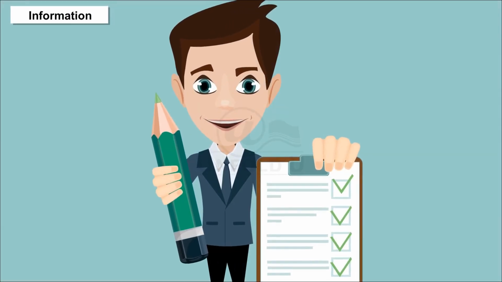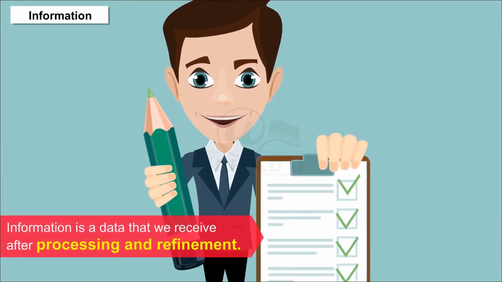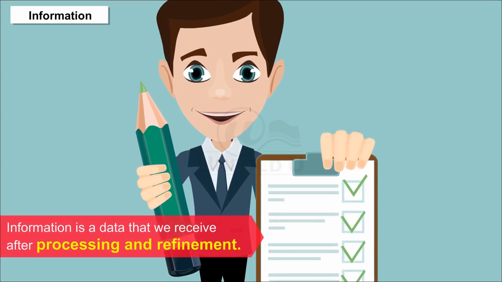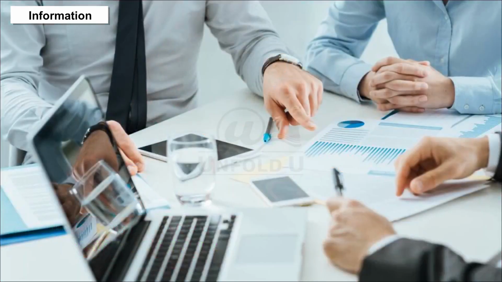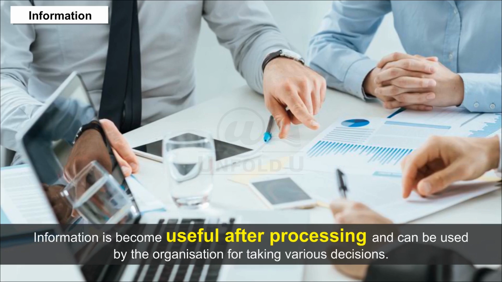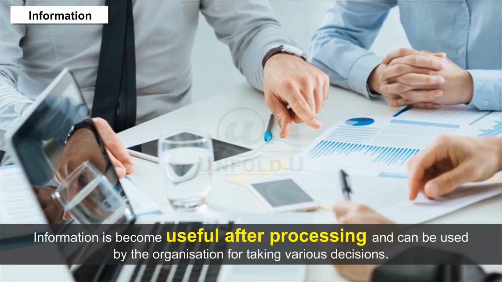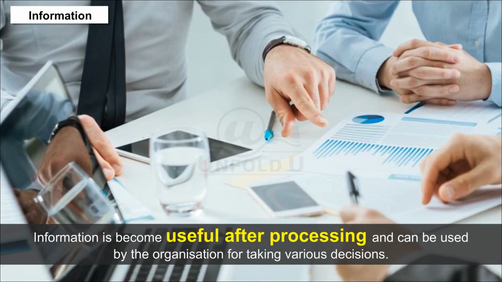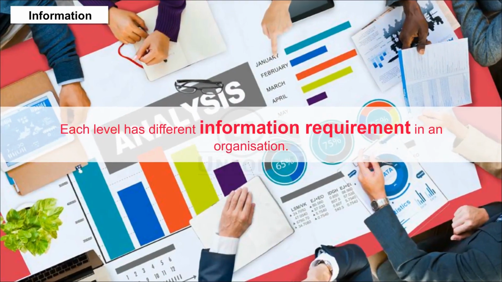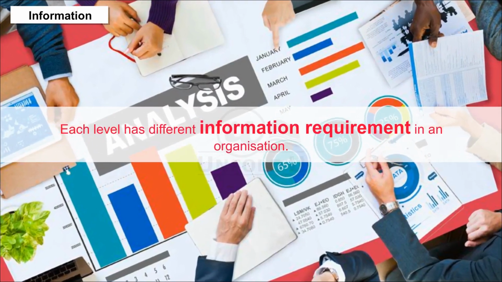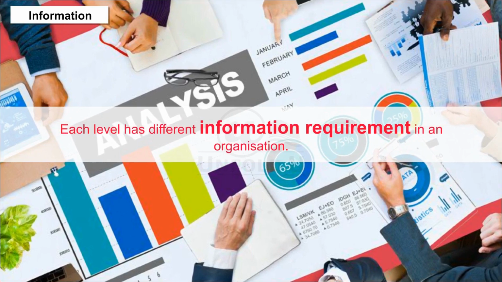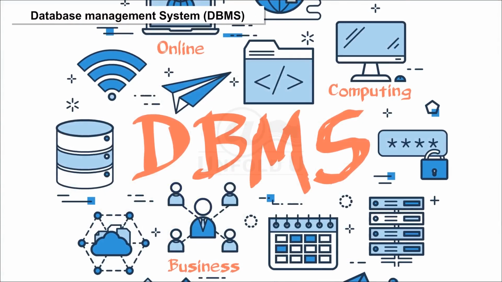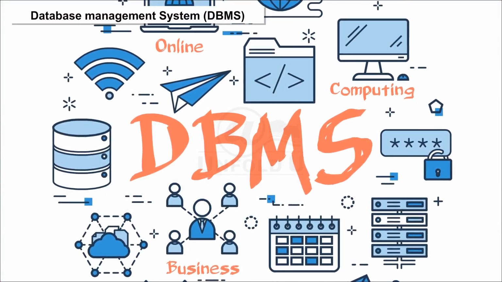Information. Information is data that we receive after processing and refinement. Information becomes useful after processing and can be used by the organization for taking various decisions. Each level has different information requirements in an organization. Database Management System, DBMS.